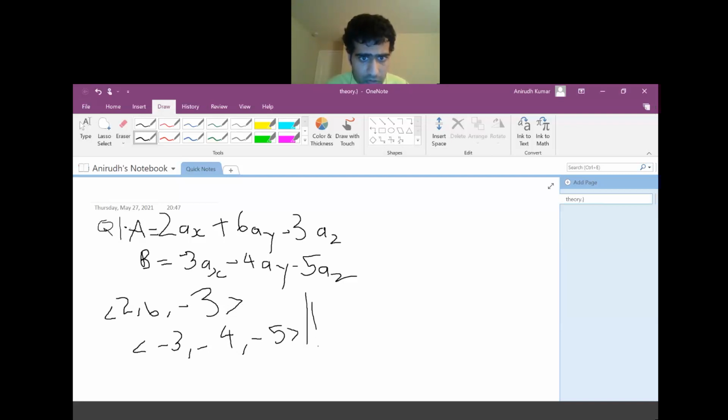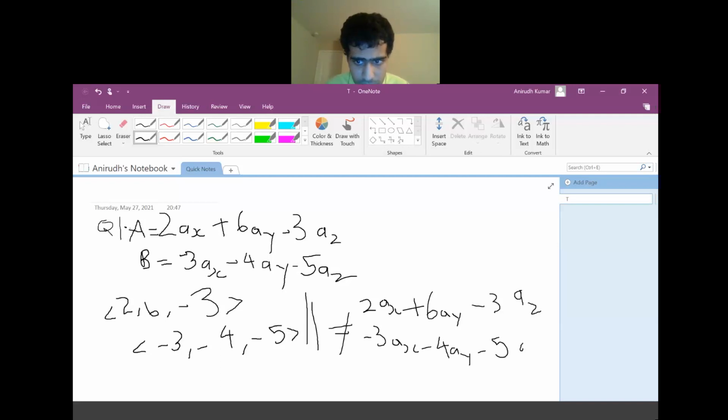These are not equal to 2ax plus 6ay minus 3az, and minus 3ax minus 4ay minus 5az likewise. These are not equal to each other, because one is a specific location.